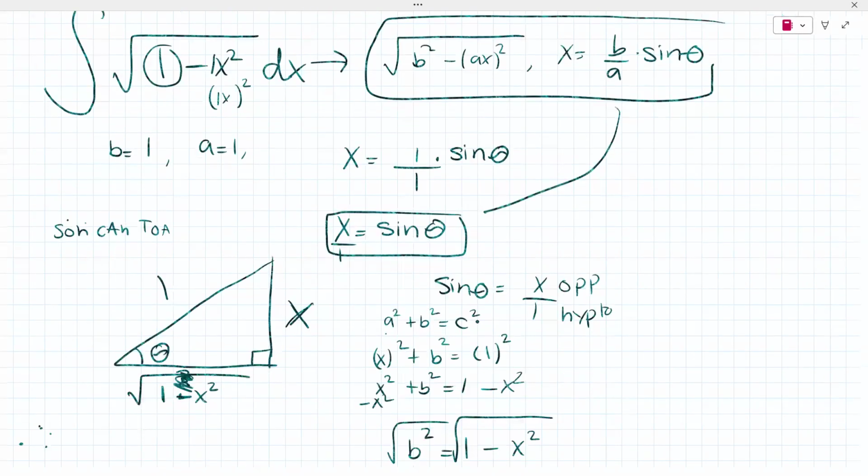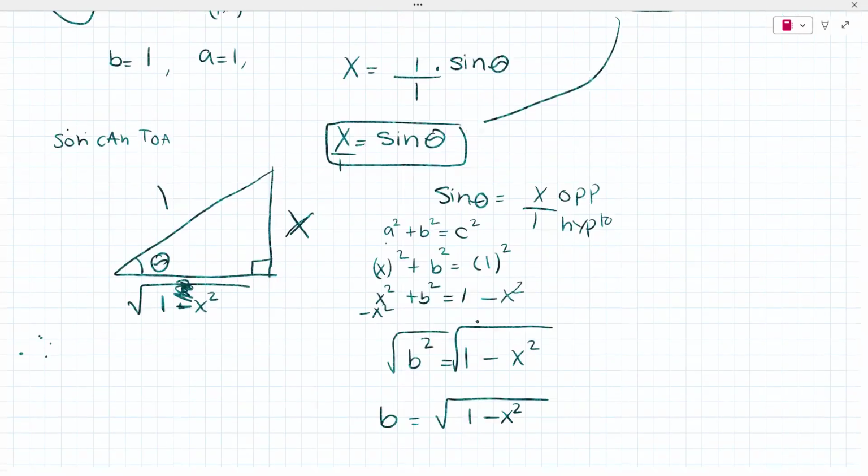The next step is I draw my triangle, and I use this trig to fill in the missing side. If sine theta is x, or x over 1, x equals sine theta is the same thing as sine theta equals x. We know that sine is opposite over hypotenuse, so here's my theta.